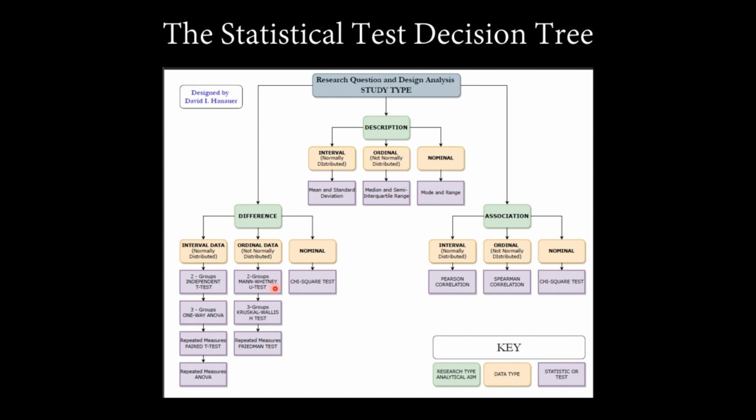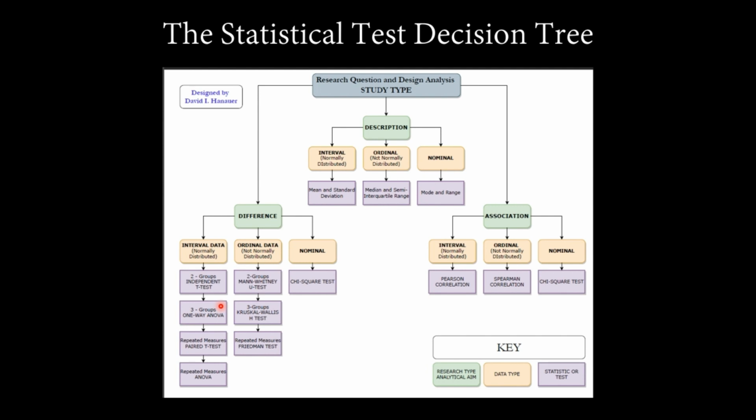However, the Mann-Whitney U test is only for two groups. And as we can see here, the Kruskal Wallis H test is for three or more groups. So in that sense, it's like the Mann-Whitney U test, however, you have more groups that you can compare. It's also like the one-way ANOVA, which also deals with three groups.